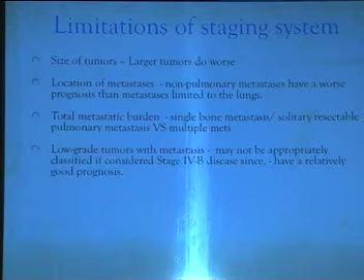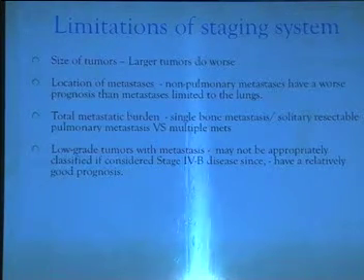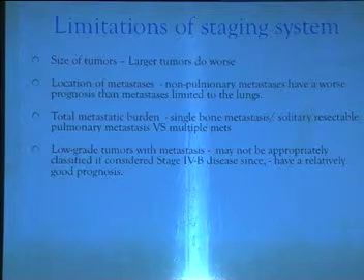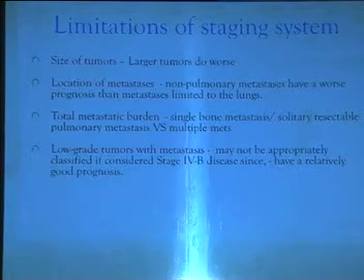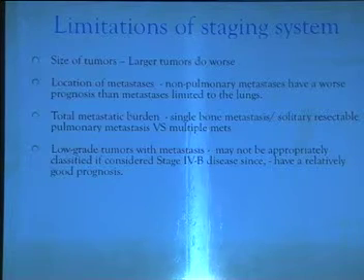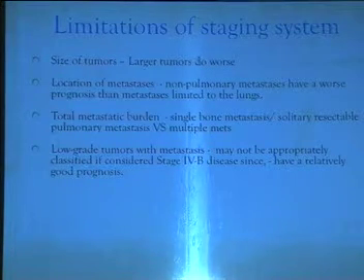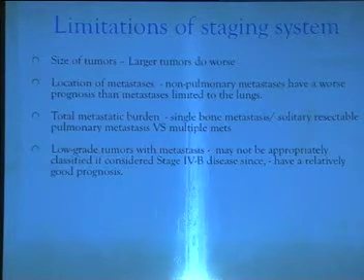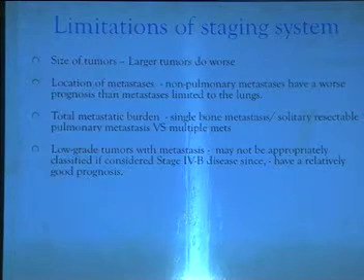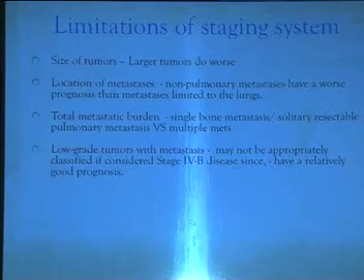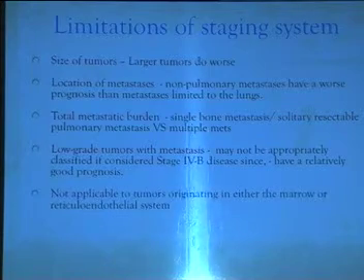Now, any grade of tumor which has metastasis has been categorized in stage 4, which may not hold true for the tumors which are low grade. If there are some low grade tumors which throw some metastasis, they still have better prognosis as compared to the tumors which are high grade.